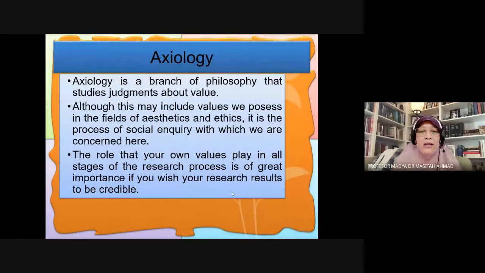They won't ever make that kind of statement, because you have this axiology. You already state inside your chapter 3 what your value is, the research value that you will find out in your research.